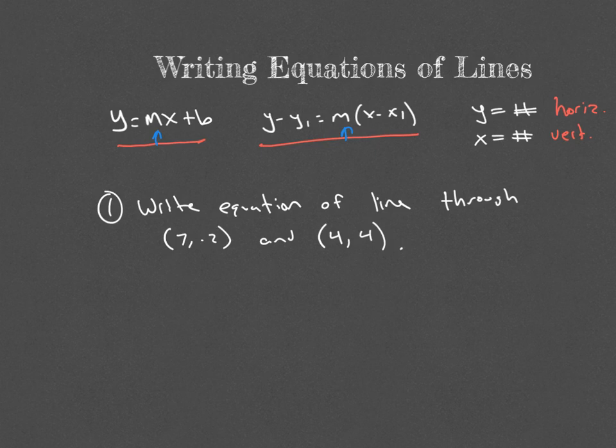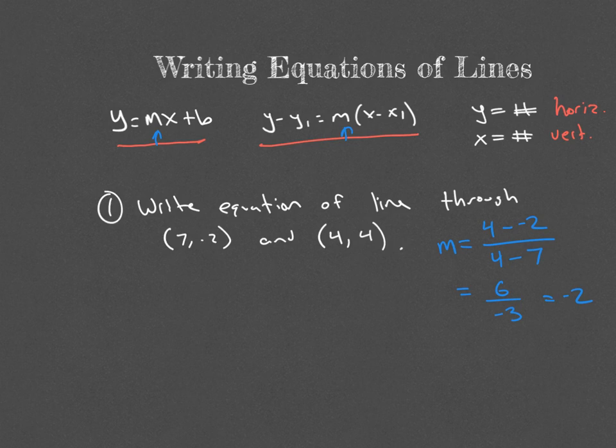So my first job is to find the slope. m equals y2 minus y1, so 4 minus negative 2. I'm going to be careful about my minus negative there. And then 4 minus 7 is x2 minus x1. You've got to do the same order that you did from point to point. That would be 6 over negative 3, which is negative 2.